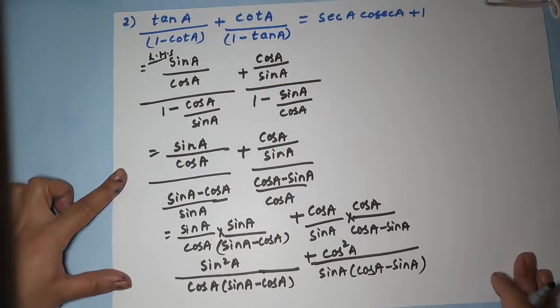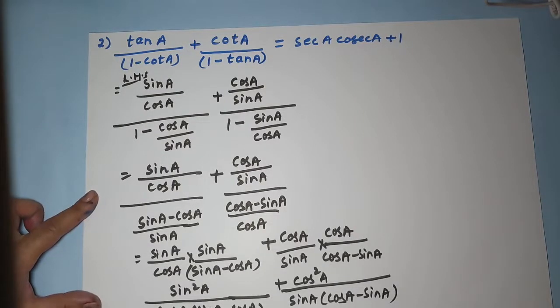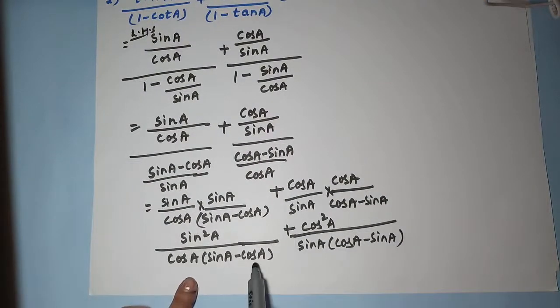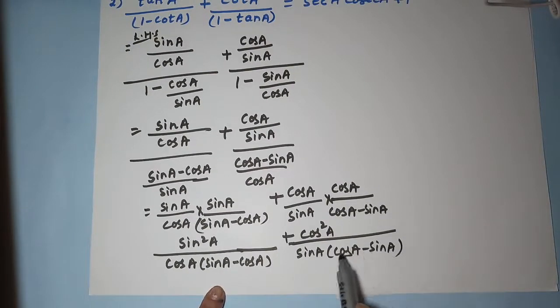Now what I will do is, this is cos A minus sin A, this is sin A minus cos A. I will make this also sin A minus cos A, so that I can take the LCM sin A minus cos A. For that I have to take minus common here.